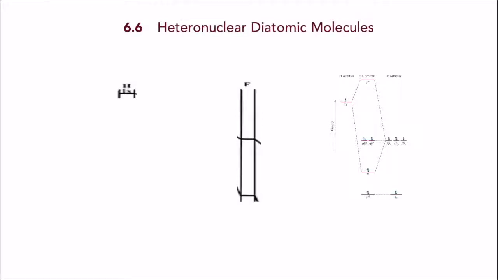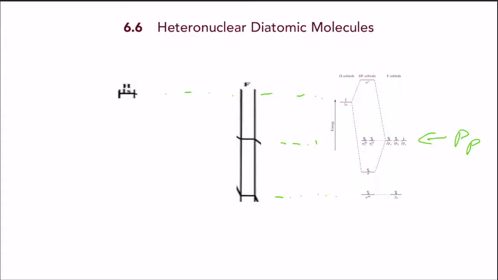Okay, so we find, to a little bit of my surprise, that the book did this fairly well calibrated. So that's the energy of the 1s. This is the energy of the 2s. And this is the energy of the 2p's from fluorine.